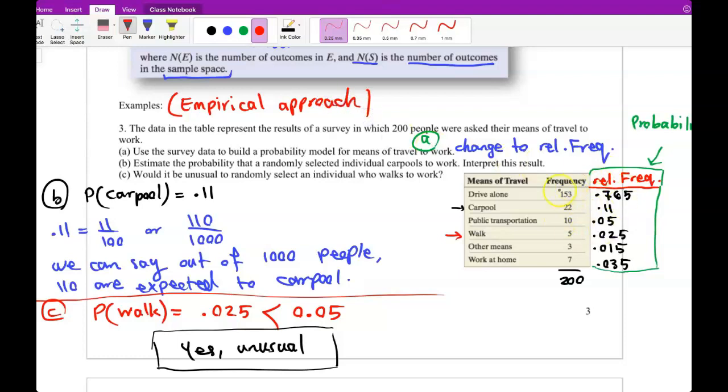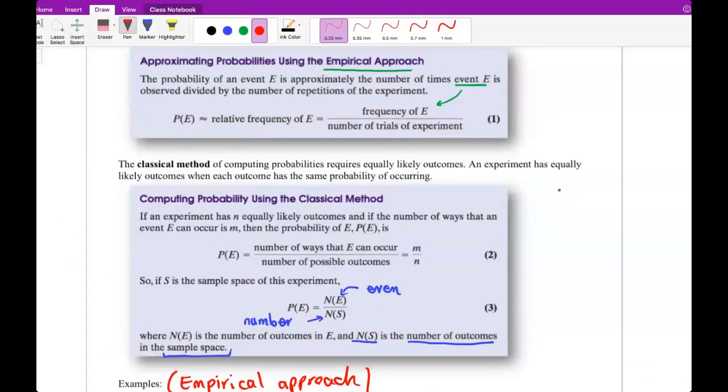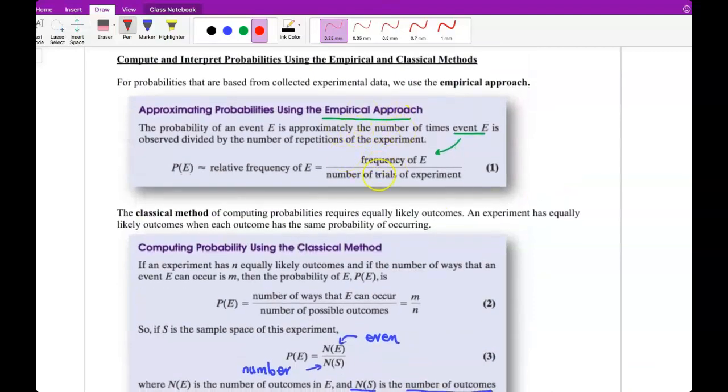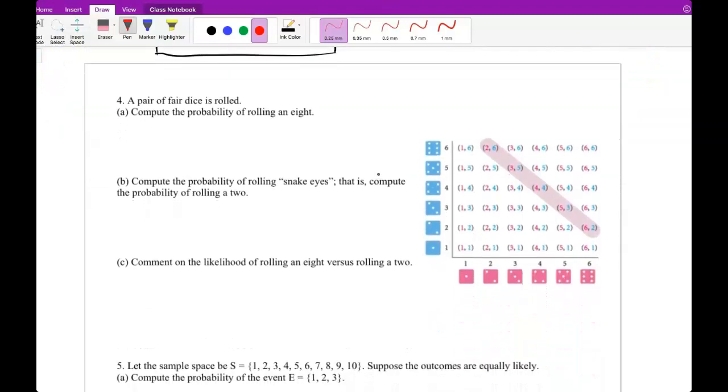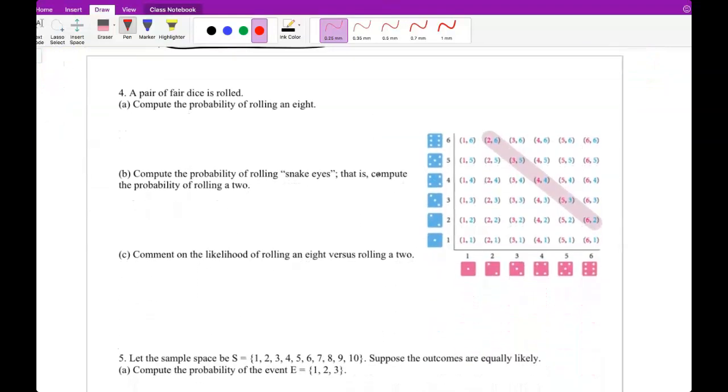As you can see, we use frequency and relative frequency based on what we had in the first table. Now example number 4: a pair of fair dice is rolled. Part A: compute the probability of rolling an 8.